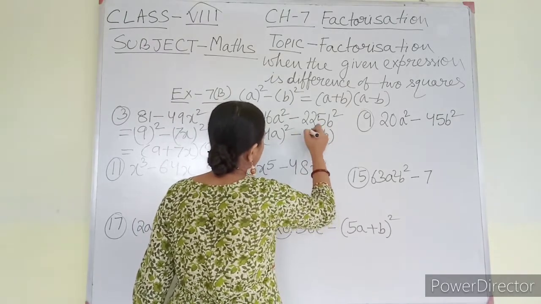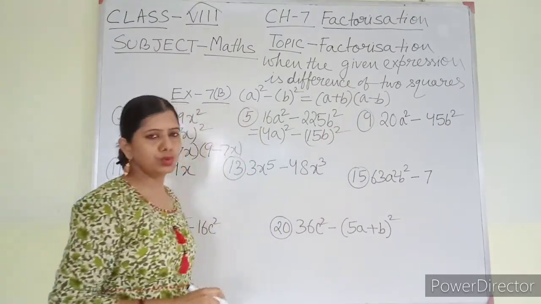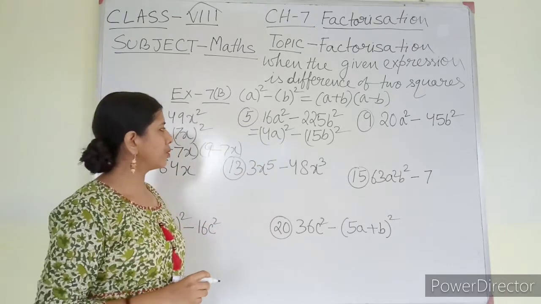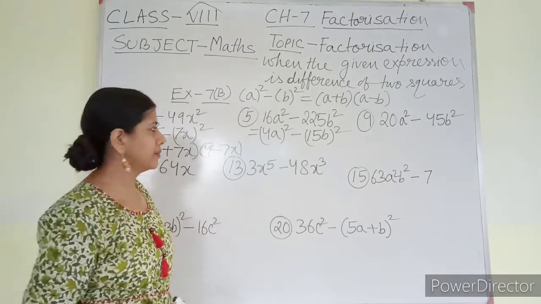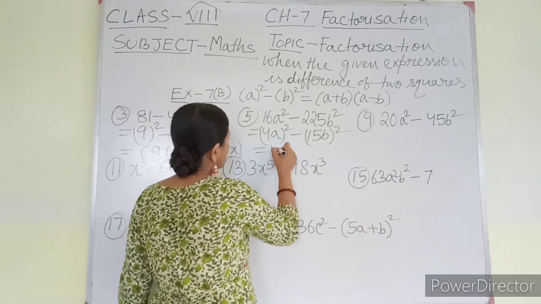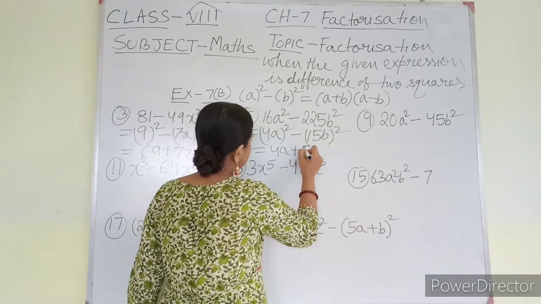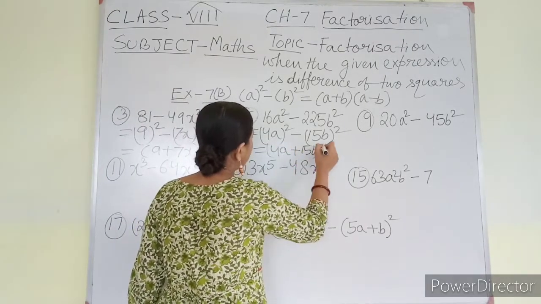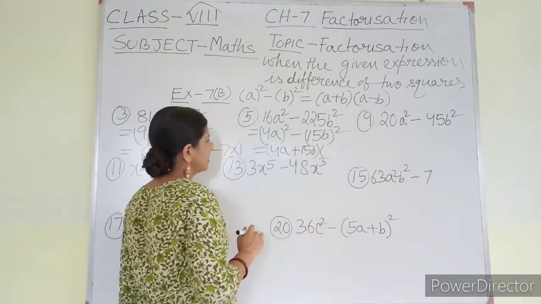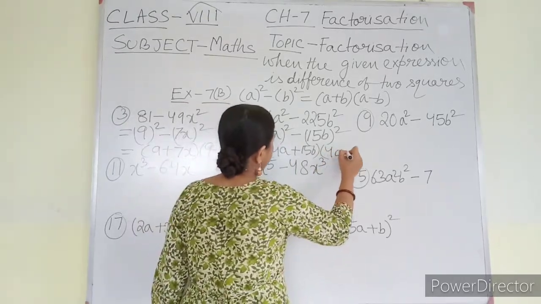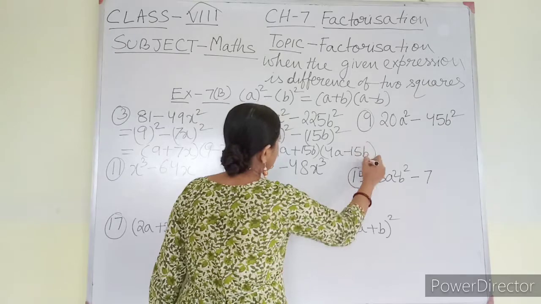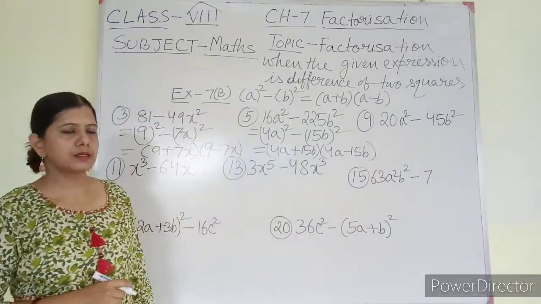These things you have to know properly. Then you have to do the sum. 15 square you are going to get as 225. So your answer is (4a plus 15b) and (4a minus 15b). This way you are going to get the answer.